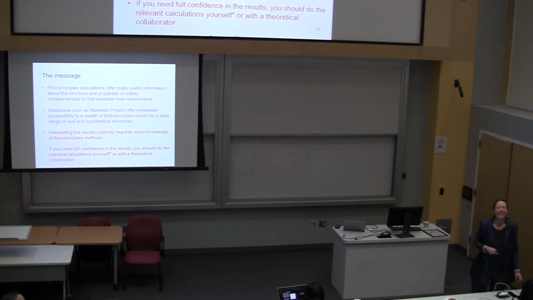Real versus hypothetical structures: is there a way to tell on the website or database whether a structure is real or hypothetical? And can you insert certain parameters for a hypothetical structure to get more information about it?